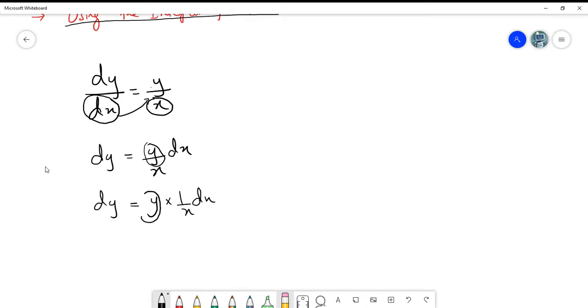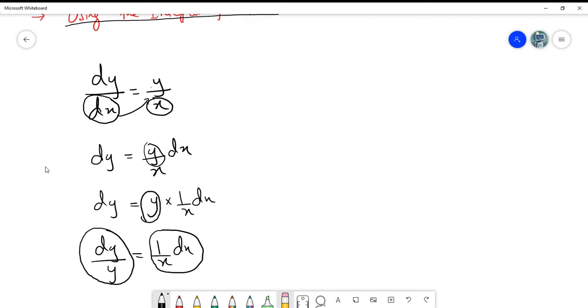Now I need to divide y with dy, which will give me dy over y equals to 1 over x dx. As you can see, the x and the dx are now on one side of the equation and y and dy are on the other side. Hence, we've separated the variables on each side of the equation.